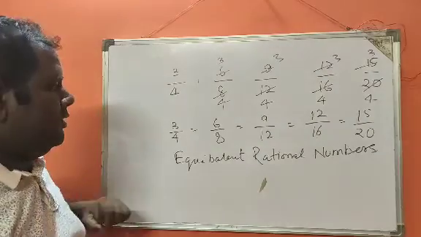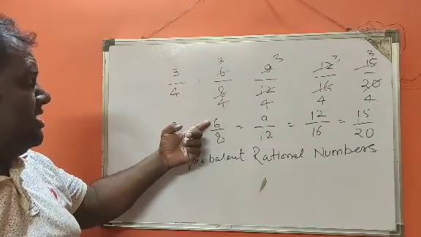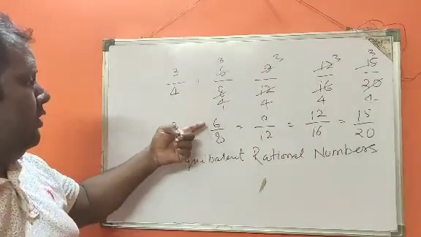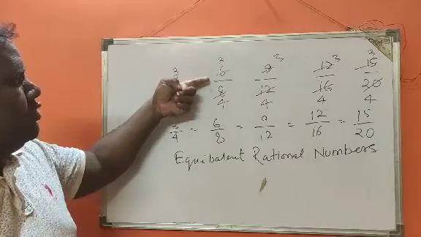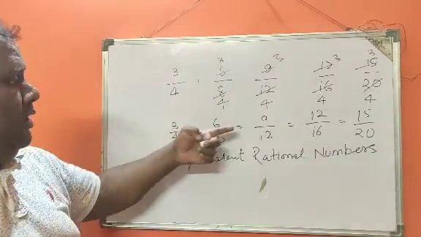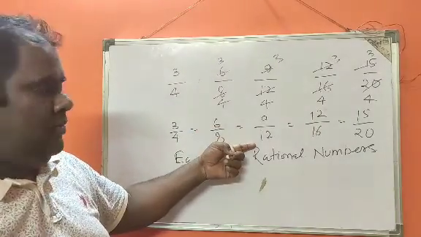So, in equivalent rational numbers, look at this, 6 upon 8. 6 can be divided by 2 and 8 can also be divided by 2. If we divide, 2 threes are 6, 2 fours are 8, we get 3 upon 4. This is also 3 upon 4. 9 can be divided by 3, 12 can also be divided by 3.